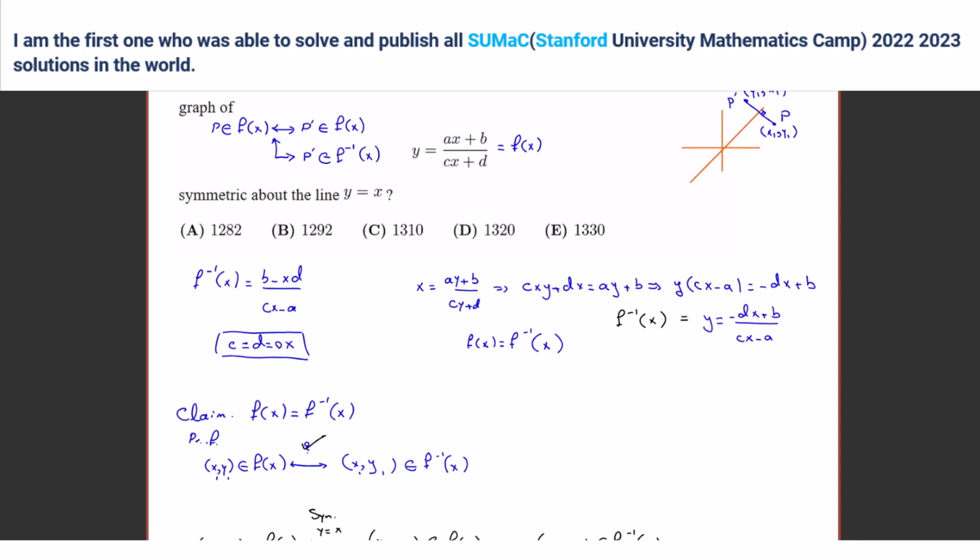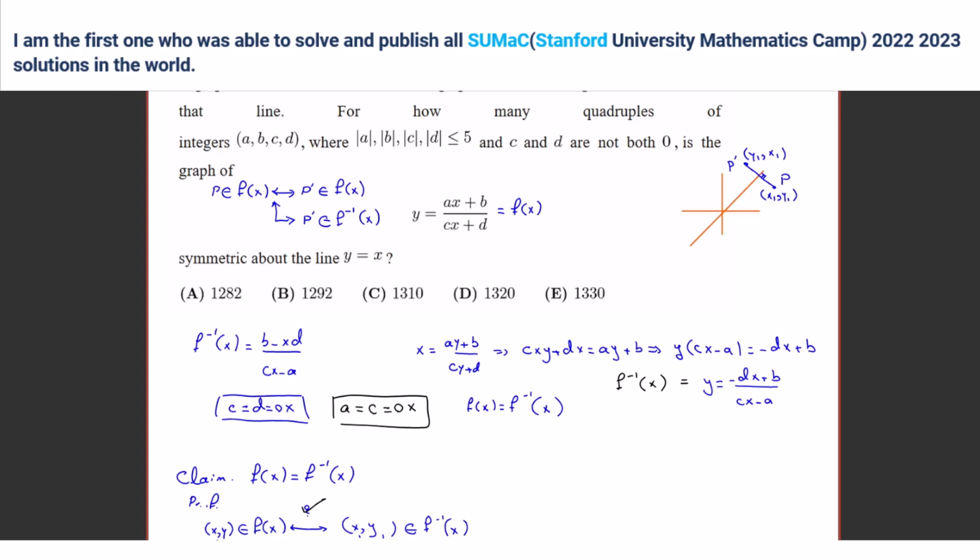A and C. Next condition, A and C both cannot be 0. So let's try it. If A equals C equals 0, okay? So now let's write the things that are important. This one, and also AD minus BC shouldn't be 0, right?